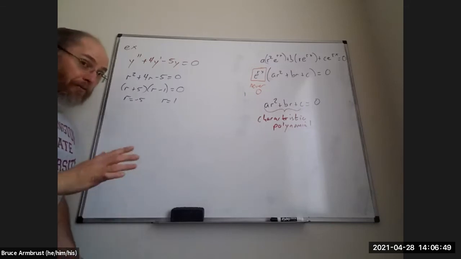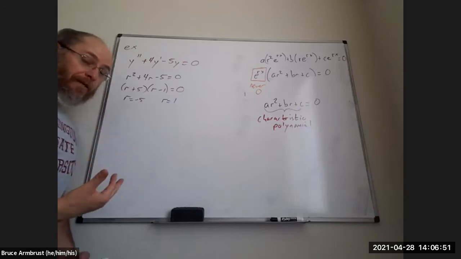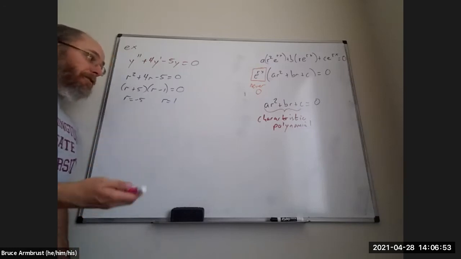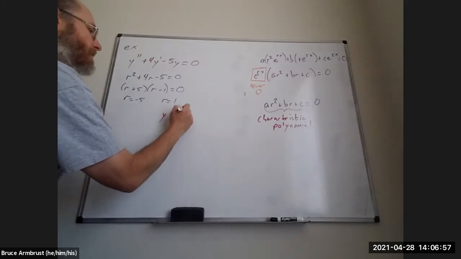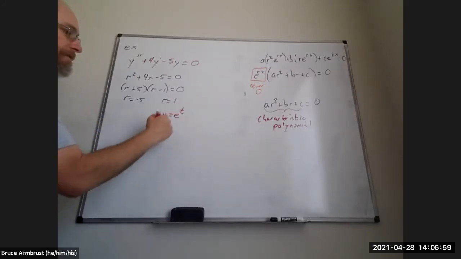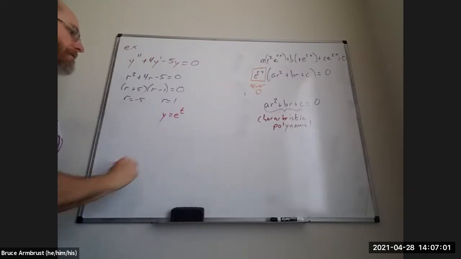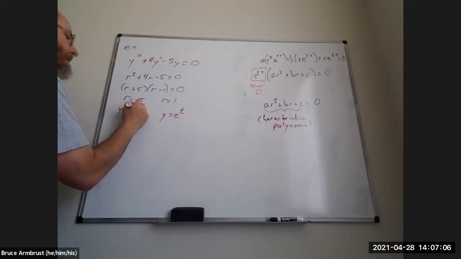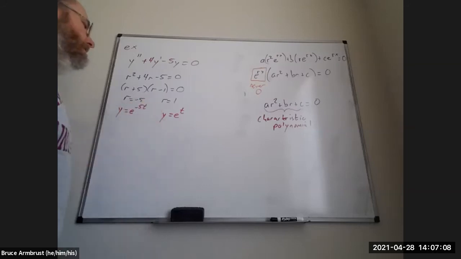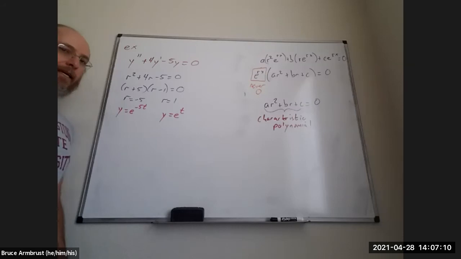All right, so if we go back and remember what our guess was, our guess was e to the rt. So this one suggests that a solution would be y equals e to the t. And the minus 5 suggests that there's a solution of e to the minus 5t.